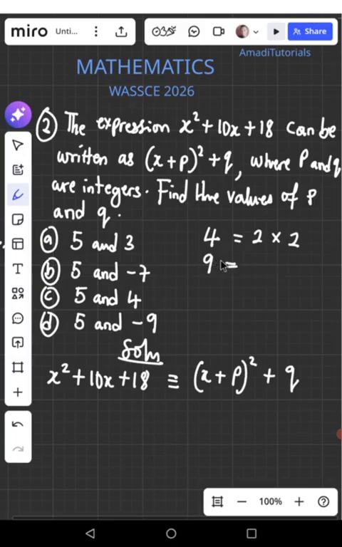Another example, 16. So sometimes if you have something like 3x and someone asks you, what are you going to do to 3x to make it a perfect square? Because 3x on its own is not a perfect square. It doesn't mean that we can't find the square root of 3, we can. But it's not going to give us integers.